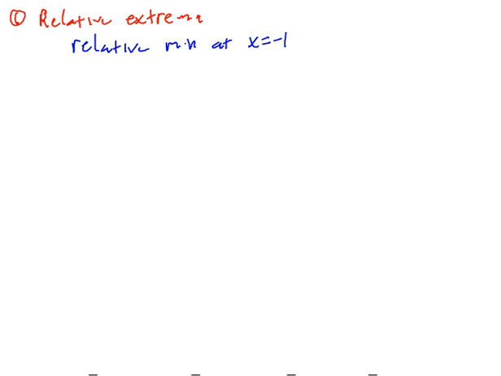Then it goes from increasing to decreasing, so there's a relative max at +1. If we want the actual points, plugging -1 into the function, we get -2. So we have (-1, -2), and when we plug in +1, we get +2.